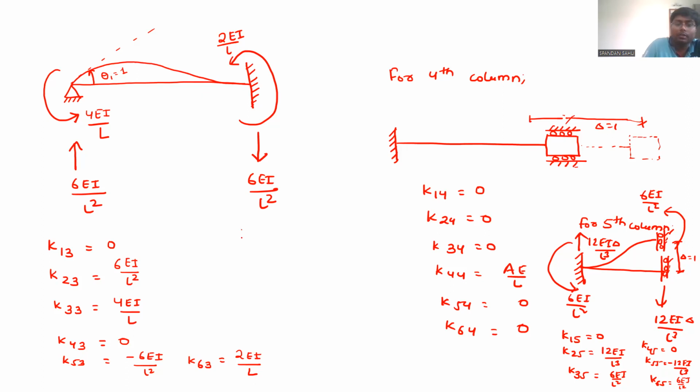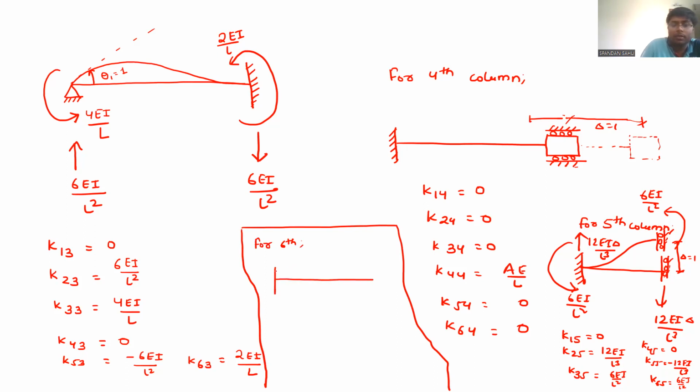Now for the sixth column. For the sixth column, you have to give unit rotation along coordinate 6.